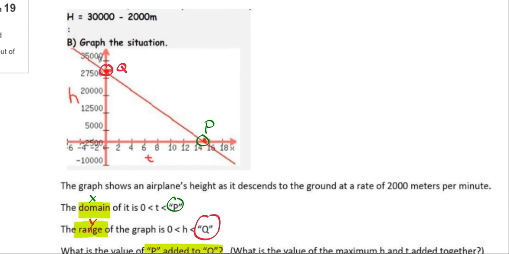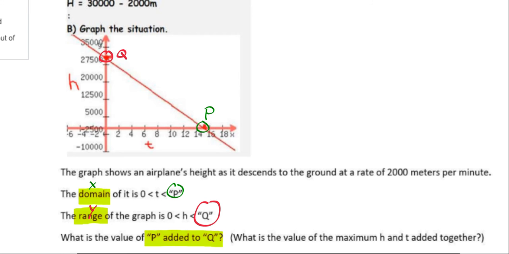Next question. The graph shows an airplane's height as it descends to the ground at a rate of 2,000 meters per minute. The domain is t, time, can be anywhere between 0 and p. The graph appears to go beyond this way and beyond this way, as if we're tracking the plane as it's tunneling through the earth, which doesn't make sense.